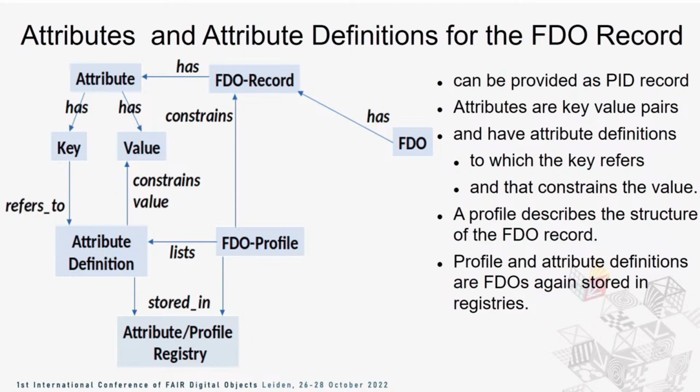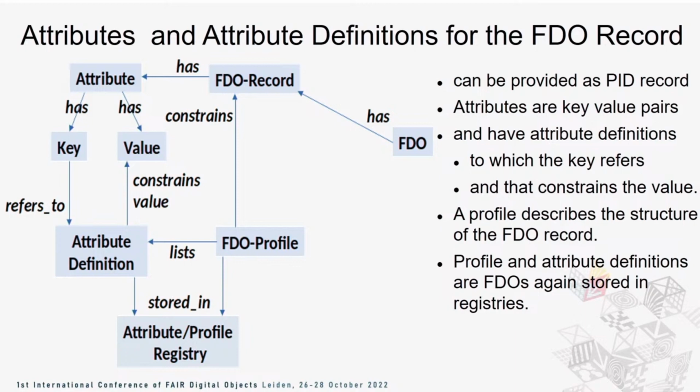Because the attribute definition is an FDO, it also has a PID, and the key essentially can be used as the PID of this attribute definition. This way, via the attribute definition, we constrain the value of the attribute. And then these attribute definitions are stored obviously somewhere. We have registries for that.